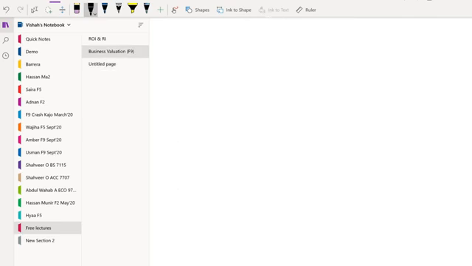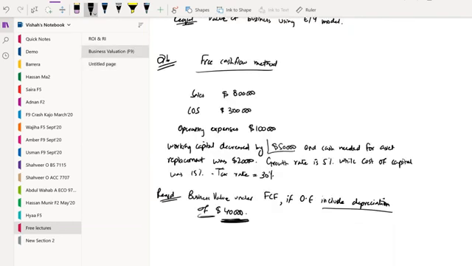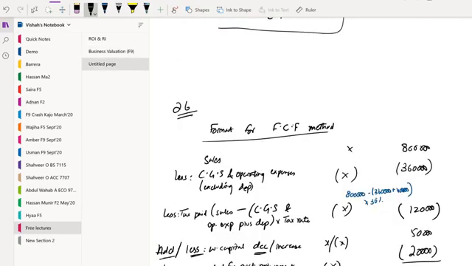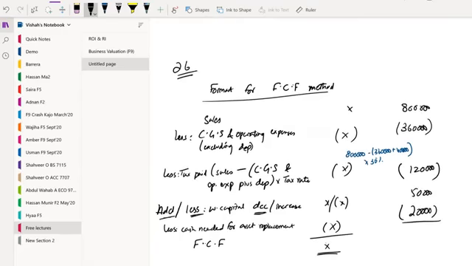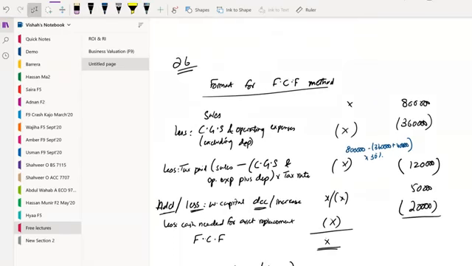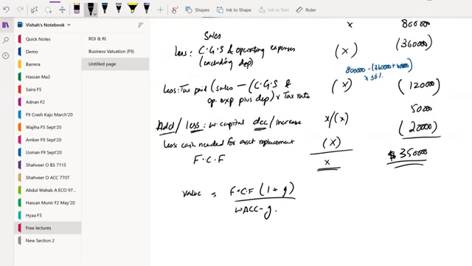The working capital decrease was already mentioned as 50,000, and the cash needed for asset replacement was 20,000. Now, why am I subtracting the cash needed for asset replacement? Because this is an investment, right? So this would give us 350,000 of FCF.